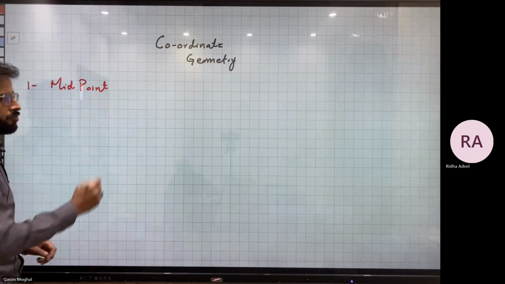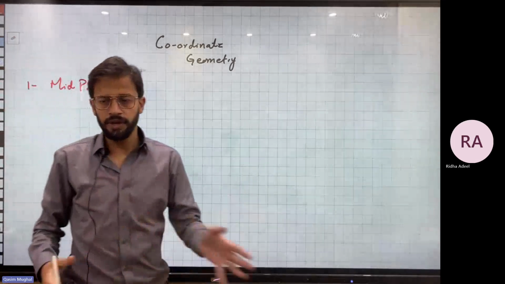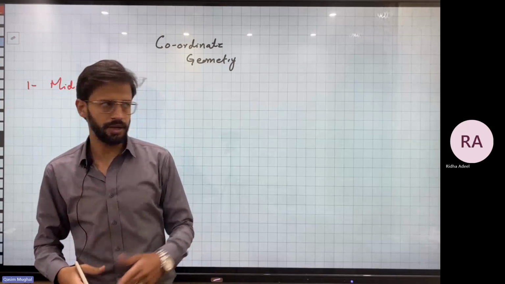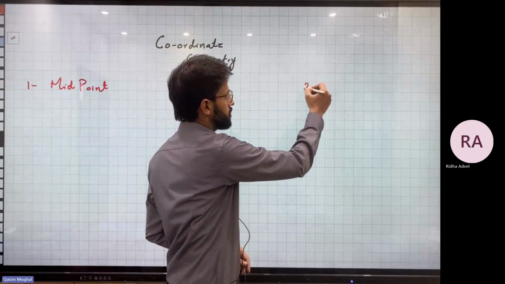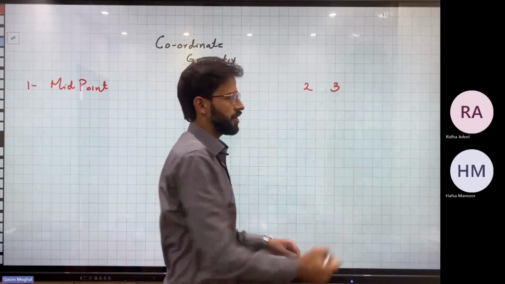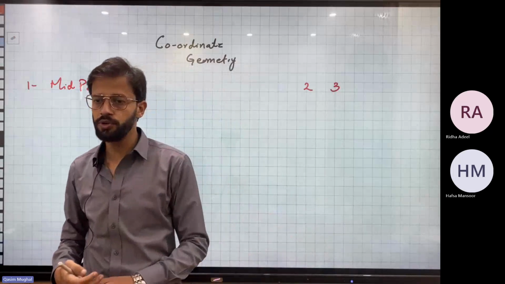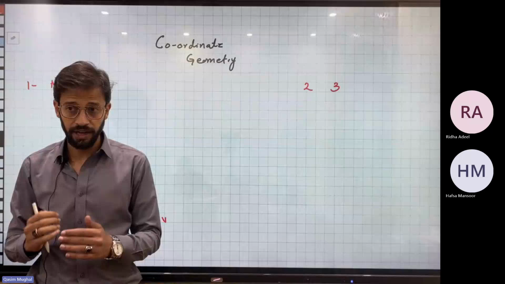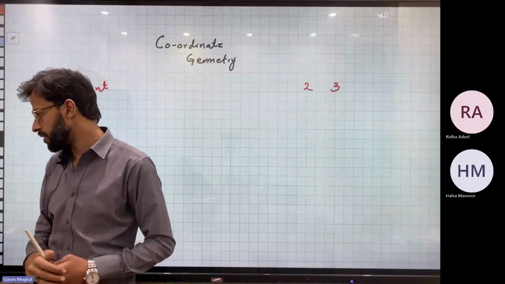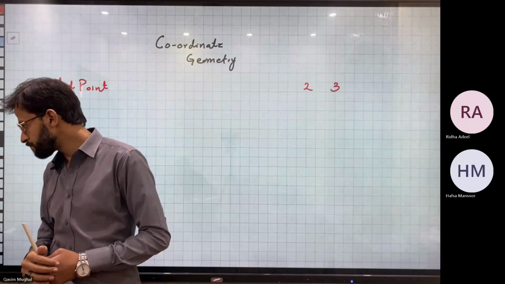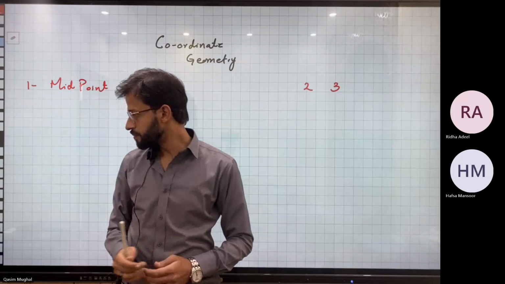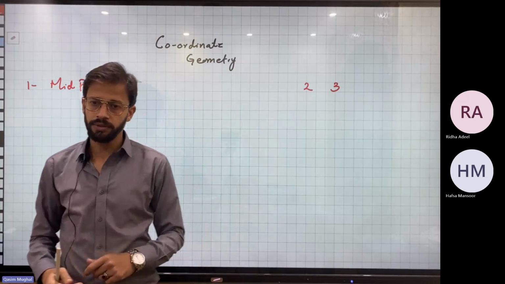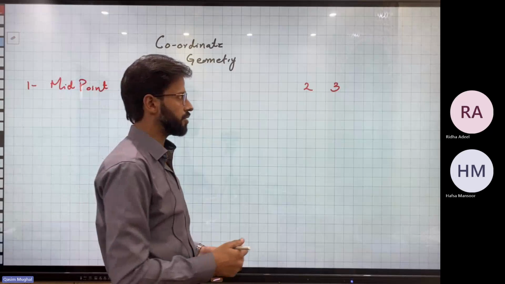Even if we are not talking about coordinate geometry, if I give you two numbers, let's say 2 and 3, and ask you for a number between them, what is it? 2.5. And what is the mathematical process behind it? You add both of them and you divide by 2.